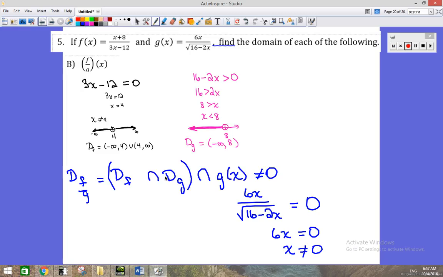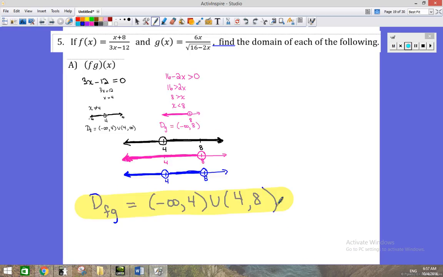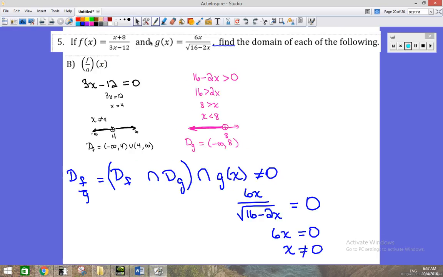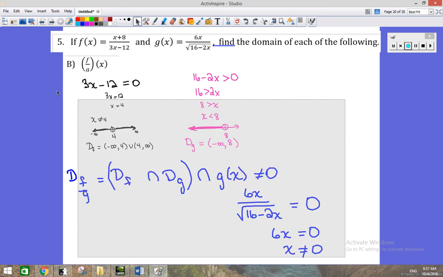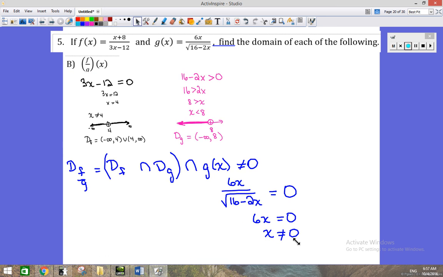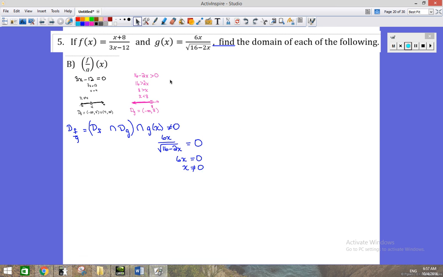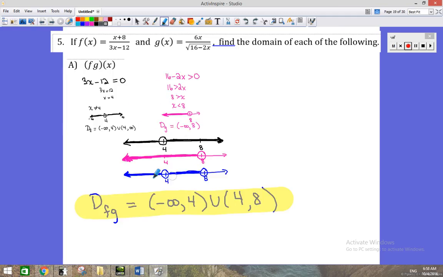So was 0 in this intersection? Well, yeah. So remember what our picture looked like before. The picture of this intersection was right here in blue.